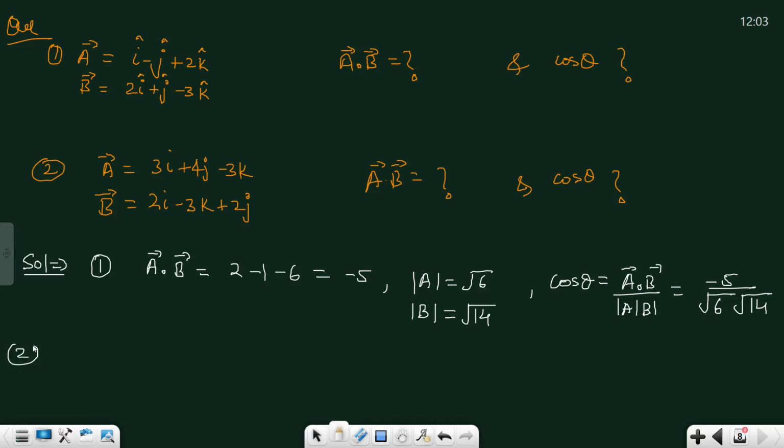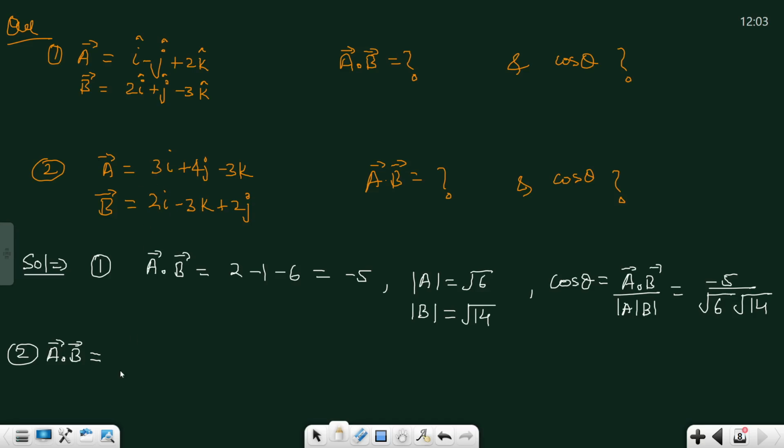For the second one, what will be A dot B? 3 into 2 is 6. 4 into 3 is 12, 3 into 2 is 6. Oh, multiply I with I, J with J and K with K. I gave you this arrangement because you applied the incorrect method.